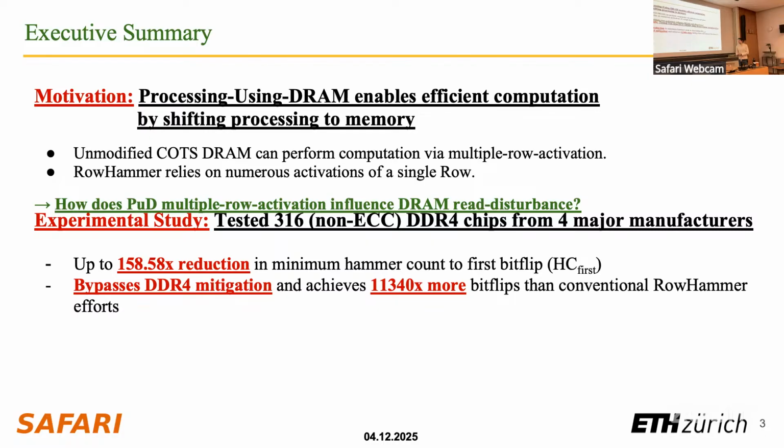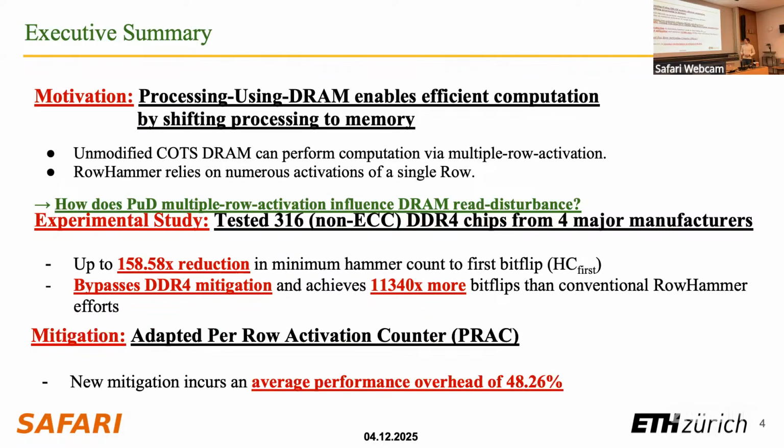We'll get into that in a bit. They also propose a mitigation, which they call adapted per row activation counter, PRAC. Unfortunately, this new mitigation incurs a very high overhead of nearly 50%, I think 48.26, yeah, which the authors of the paper call prohibitive. And I agree.